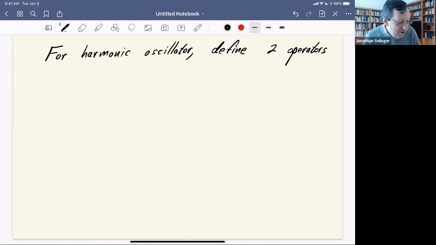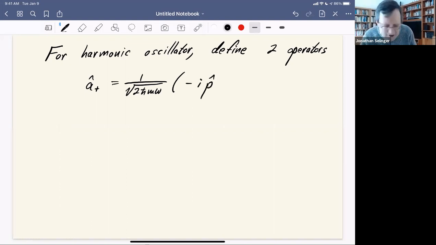These two operators are a plus, which is 1 over the square root of 2 h bar m omega times negative i p hat plus m omega times the x operator.